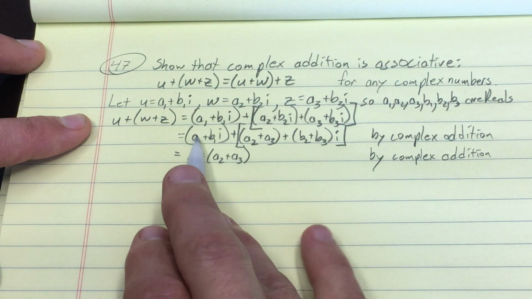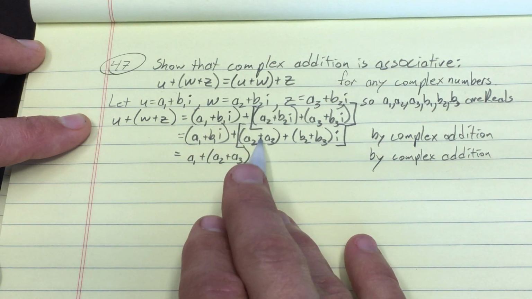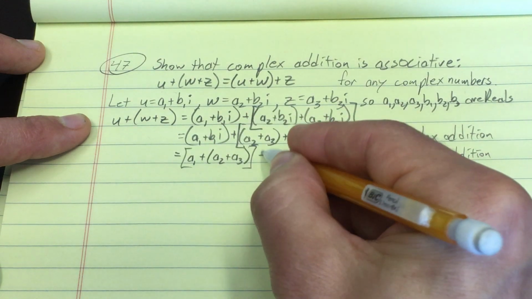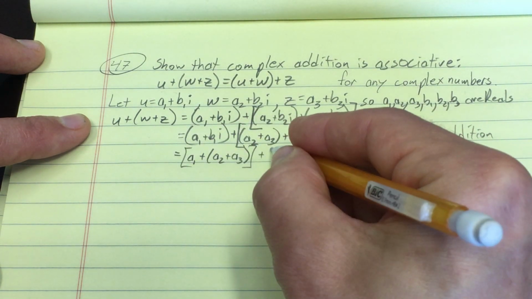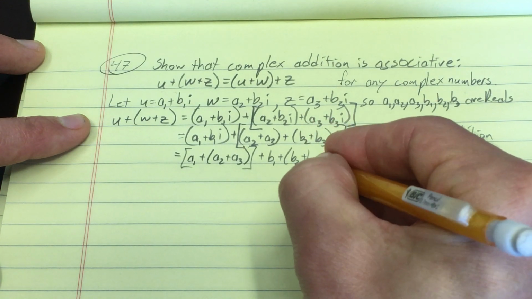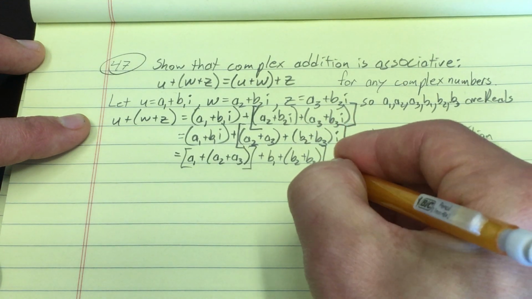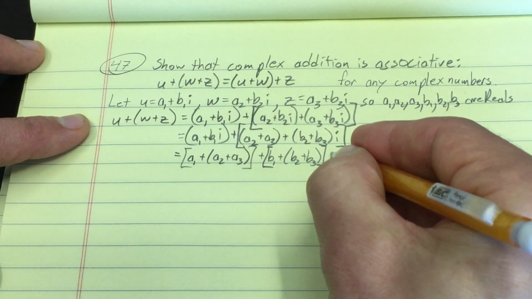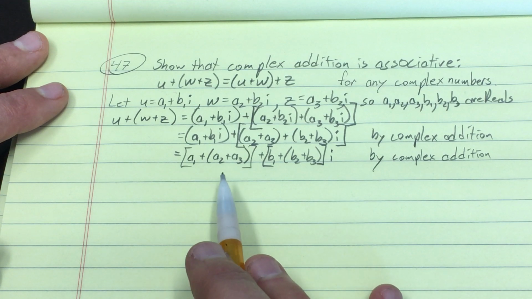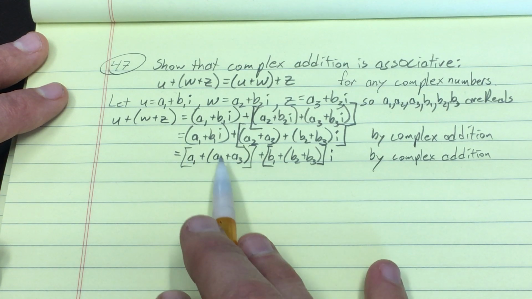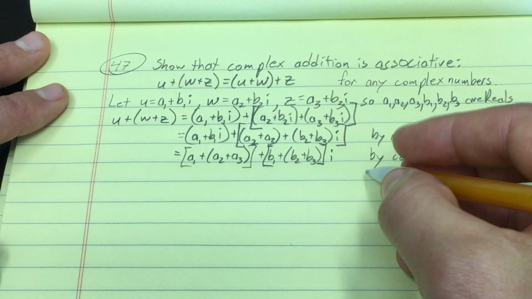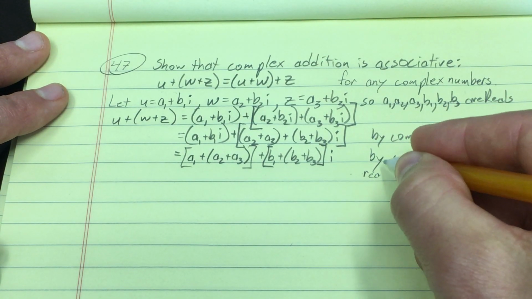Keeping parentheses, this is just by definition, it's this real part plus this real part. That's all the real part, plus same thing for the imaginary parts: b1 plus b2 plus b3 I.